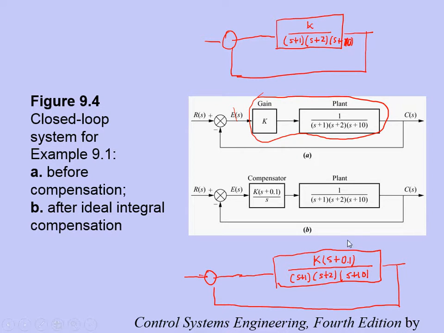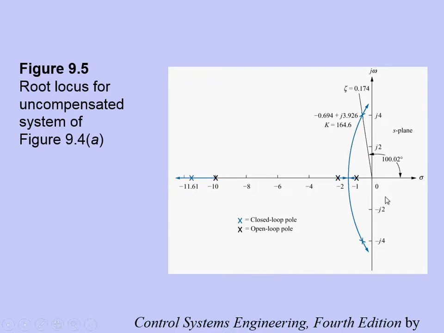The first one will have a root locus like this. You have the ability to see in what position the system will become unstable, and in MATLAB, if you click on the root locus, it will give you the damping ratio, the value of the root, and the value of k.